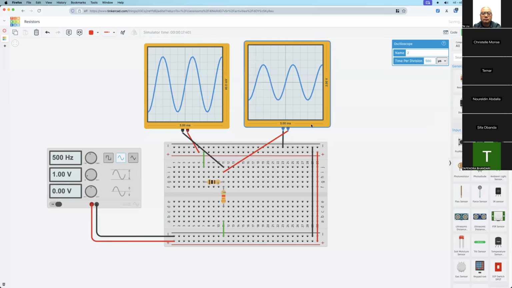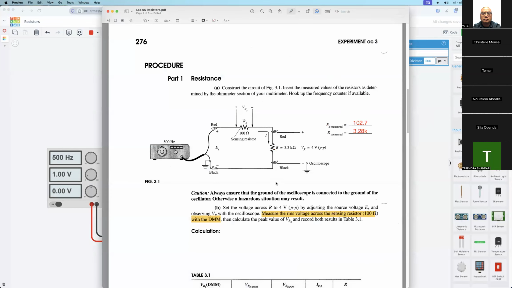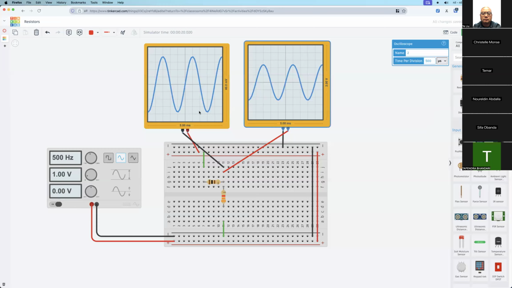Okay, so now, as we said before in the handout, we need to adjust the source voltage until the peak to peak voltage across this resistor is 4 volts. Now for this one, the setting from the top to the bottom is 2 volts in total. So each division is 0.2 volt.